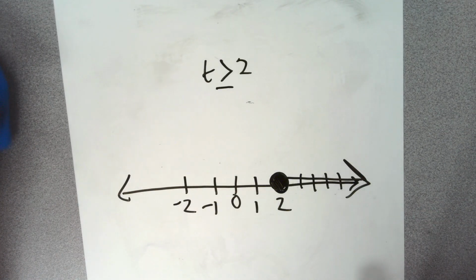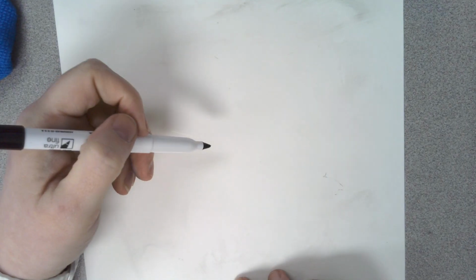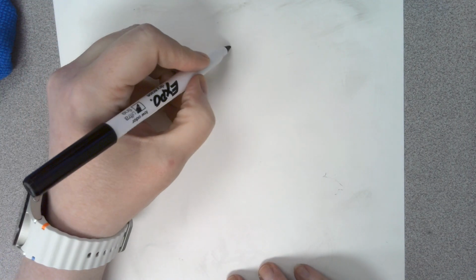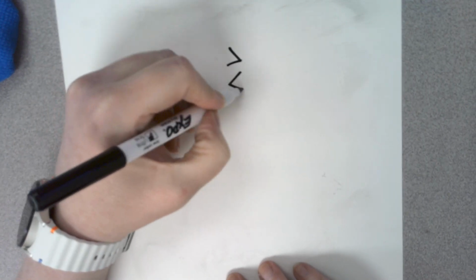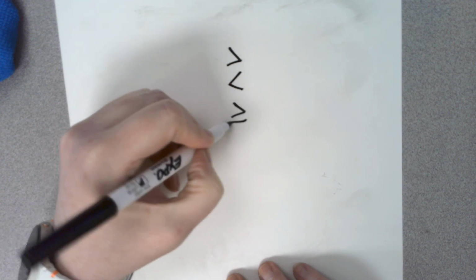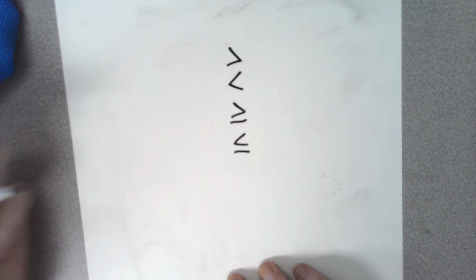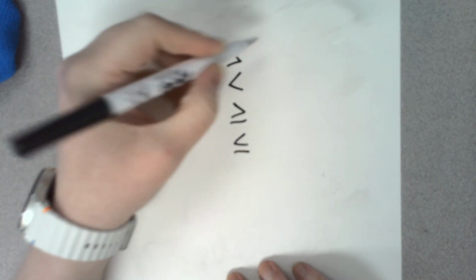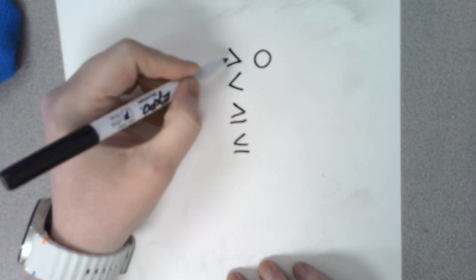And I like to tell people, if the alligator's hungry, you leave it open. If the alligator's full because he ate it, he has a tail, and you then color it in. So you got greater than, less than, greater than or equal to, and less than or equal to. So this guy, open dot, because the alligator's hungry.